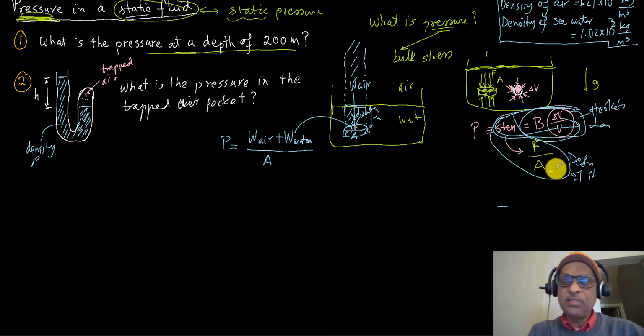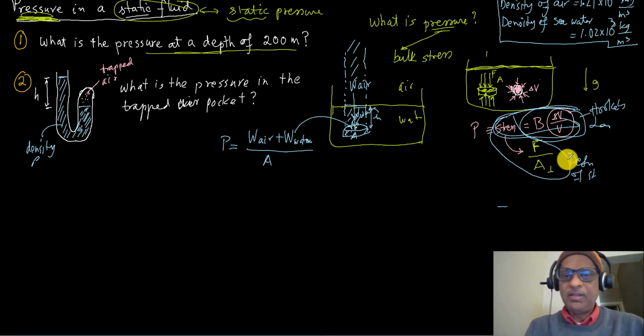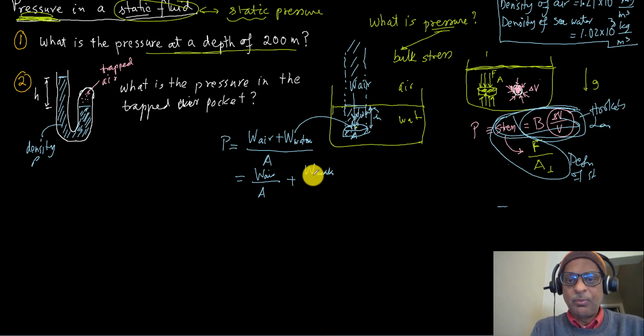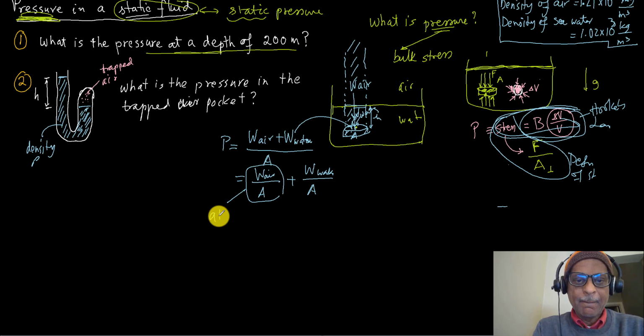So you can use either direction in a problem situation. Okay, here we have W air over A plus W water over A. This is called atmospheric pressure.